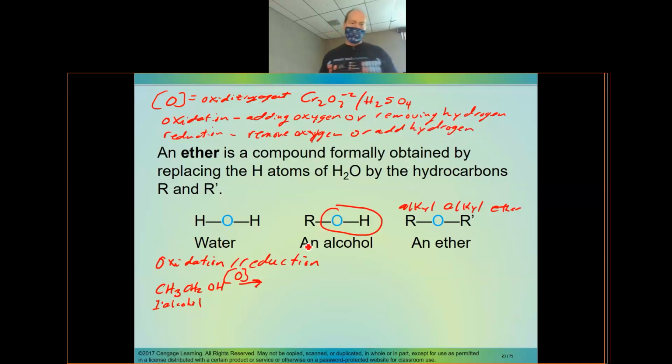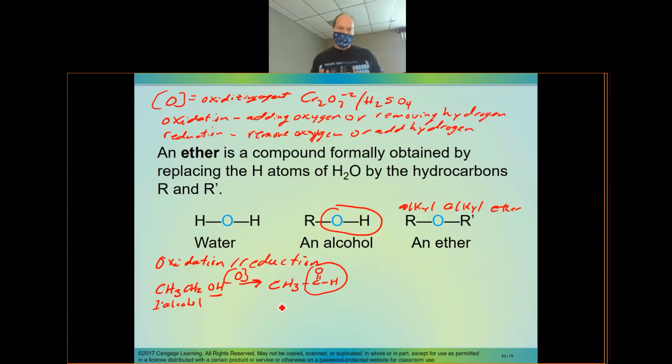All right, so when we oxidize our alcohol, the first oxidation, and we're going to have two of them for primary alcohols, is to form this compound. All right, and so we go from an alcohol and then we oxidize it, and now we have an aldehyde.